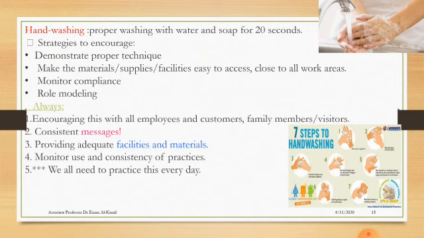Always monitor the health workers for hand washing. Always remind them, and always see that they really wash their hands before or when they come into contact with a patient. Always practice what is called role modeling.